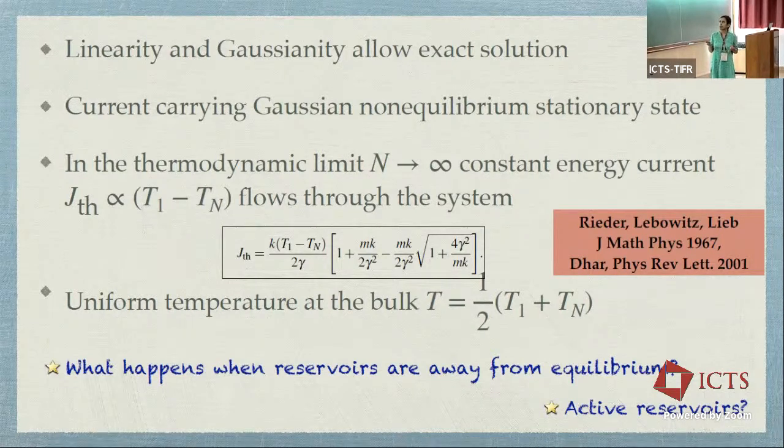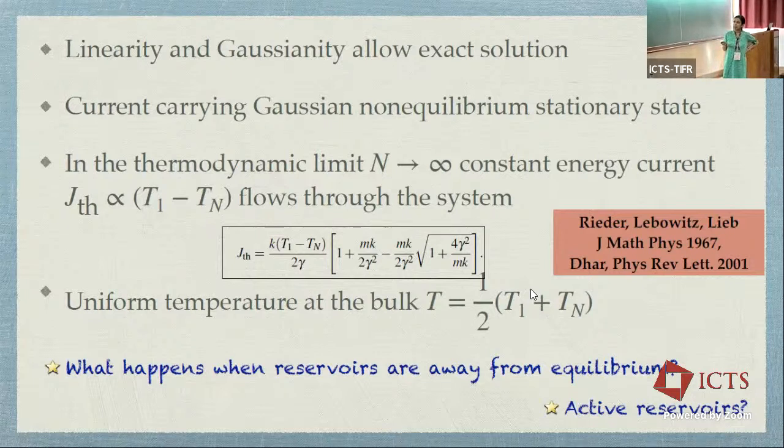We have two temperatures, T1 and T2, at the two ends, and the current is simply proportional to this difference. It also depends on other parameters like the mass of the oscillators, the dissipation, and the strength of the coupling. Moreover, the local temperature of the oscillators in the bulk is simply uniform, and it is given by the average of the two temperatures.